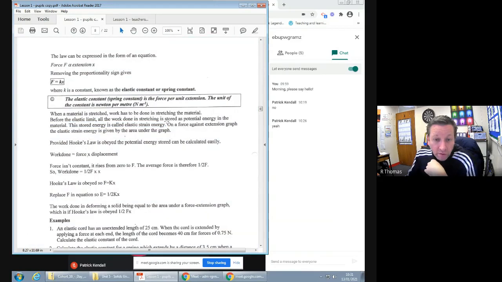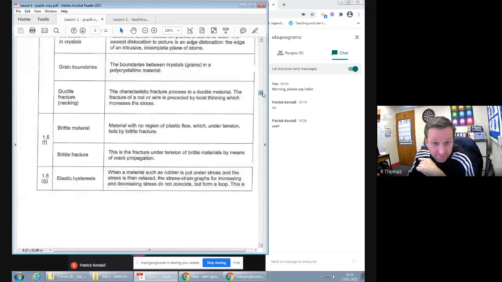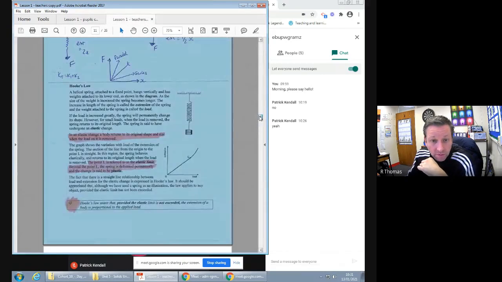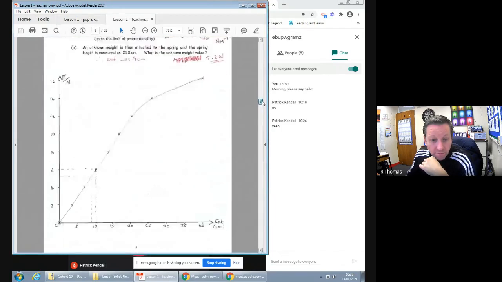And on the graphs we've just been looking at, on the force extension graphs, this potential energy stored, called the elastic strain energy, is the area under the graph. Now, there's three ways to look at this. Let's go back to this graph that I had earlier. Apologies. Bear with me. This one here.